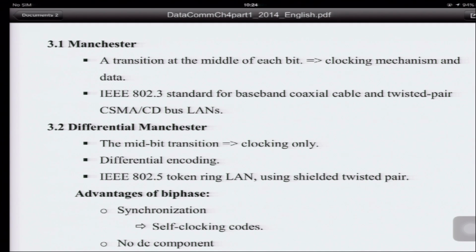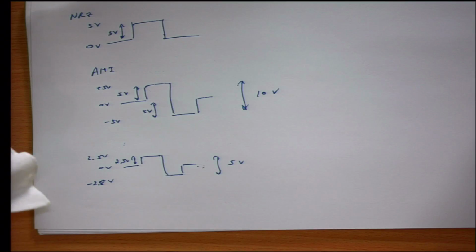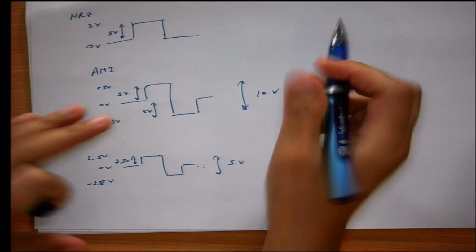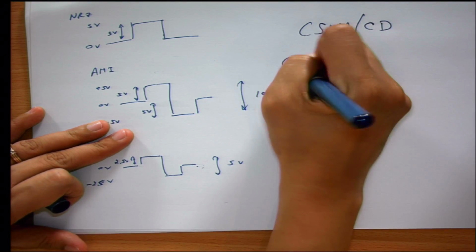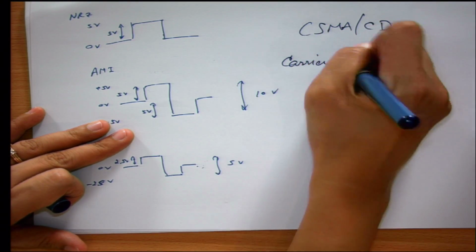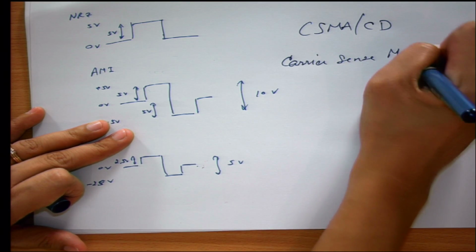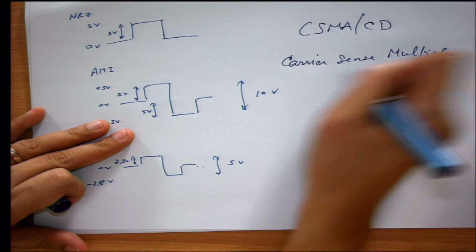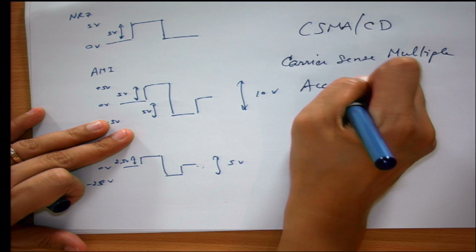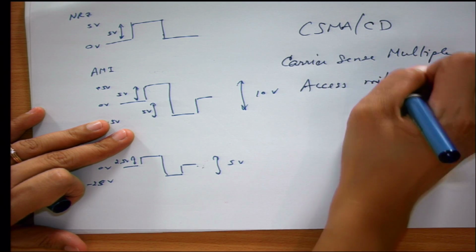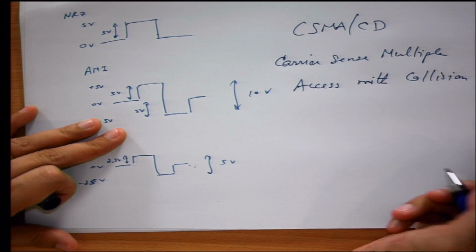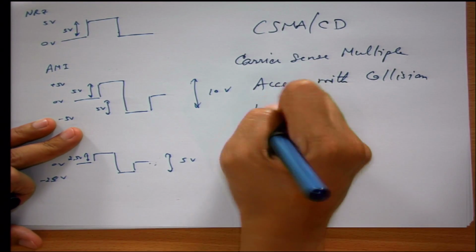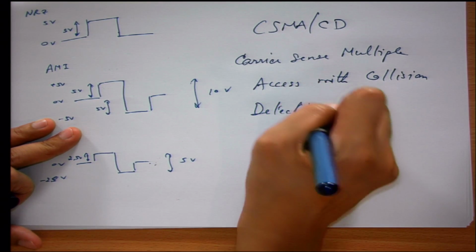Anyway, the CSMA/CD is what we're going to study later. It is carrier sense multiple access with collision detection.